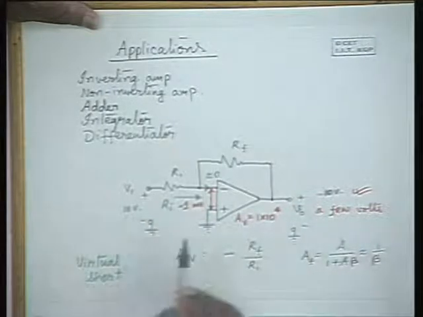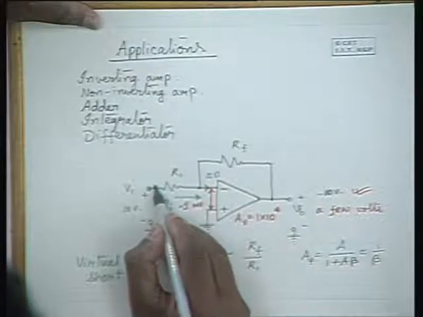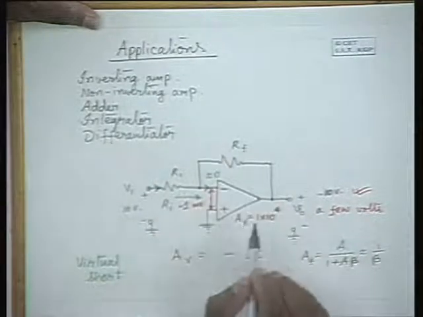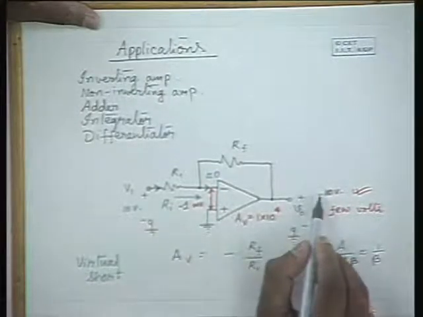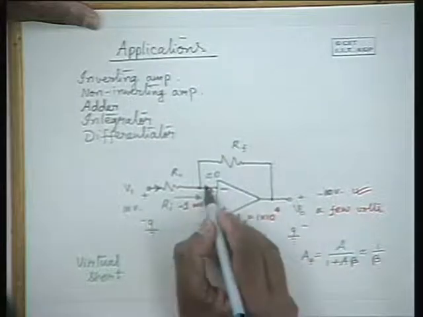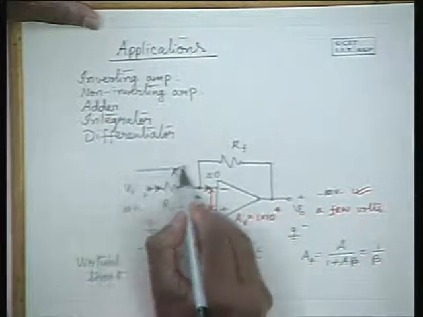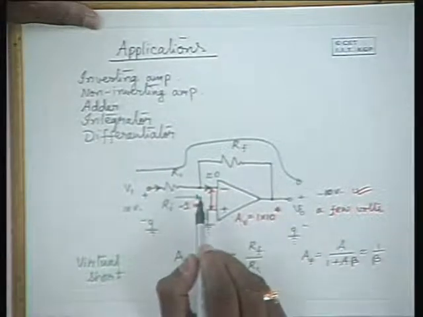How is it happening? When this is 10 volts, you expect a current to flow through this, and when the gain is minus 1, obviously this will be minus 10 volts. When this is minus 10 volts, and when this does not draw any current or negligible current, current flows through this path.